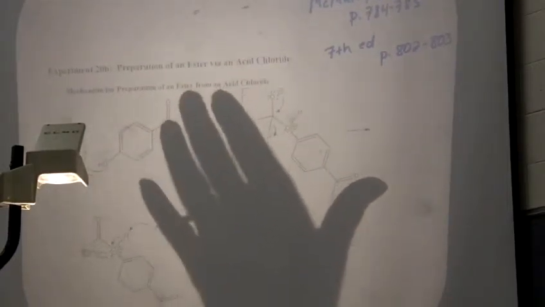The 7th edition, it's on pages 802 and 803, okay? So if you want to look for more information about preparation of an ester from an acid chloride, these are the pages to look at in McMurry.